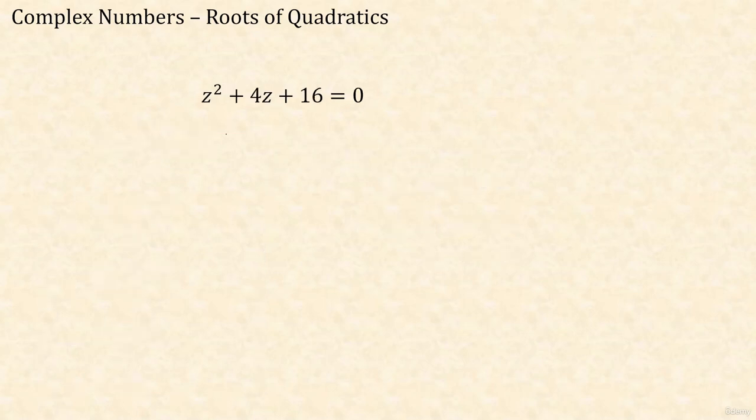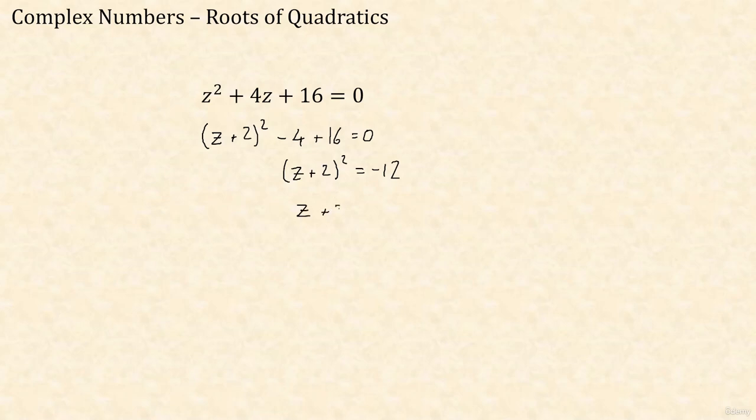Now, do have a go at this one first if you're feeling confident. So I'm going to do this by completing the square. z plus 2 squared gets these first two terms. Subtract 2 squared, and I've still got 16 here. Get all of the numbers over onto one side. That's 12, so subtracting 12 from both sides gives me z plus 2 squared equals negative 12.